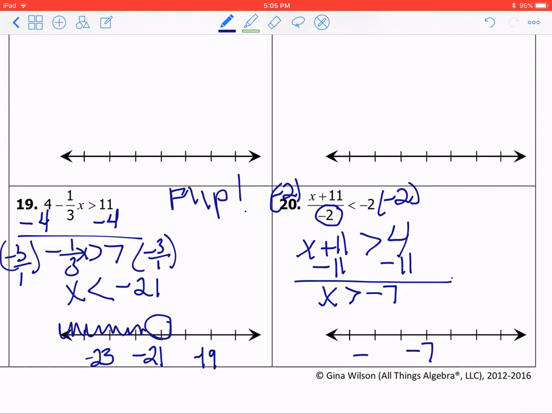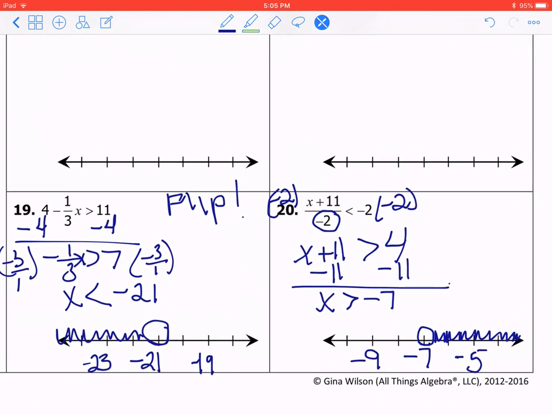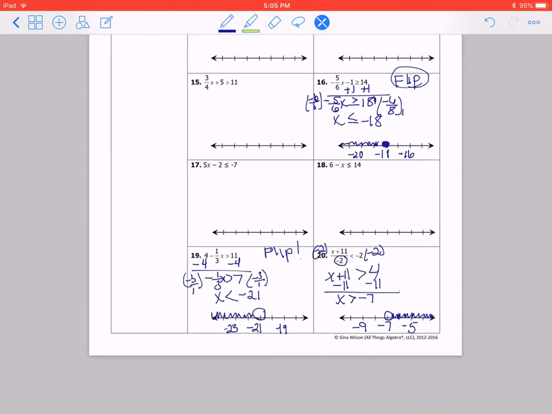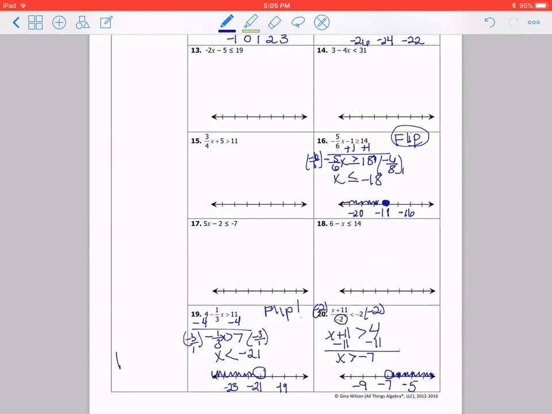Find your points on your number line. It's greater than, not equal to, just greater than. Your arrow is pointing right, so you're going to shade right. Okay, I would like you guys to finish the ones that we did not do this evening for extra practice.